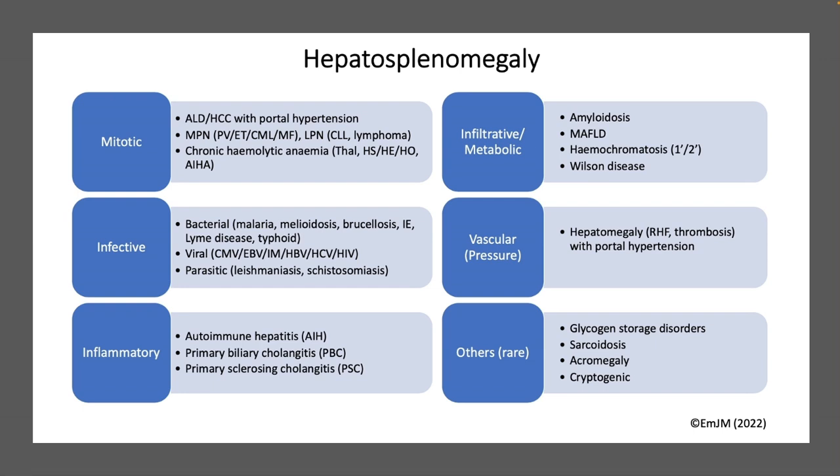But if the patient has very overt signs of stigmata of CLD, then you should focus everything on chronic liver disease. Okay, and then infective is always something you can mention anytime. And let's say you have only isolated splenomegaly, you will want to mention number one as cirrhotic portal hypertension first. But let's say hepatosplenomegaly, you can also mention that.